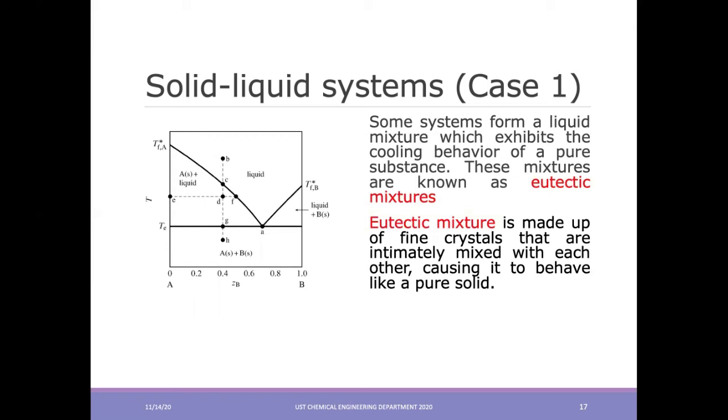Number one, solidification of the melt is initiated and completed at the same temperature. This indicates that there's no change in composition in the solid and liquid phases. The solid phase and liquid phase are in equilibrium with each other, and they have the same composition.